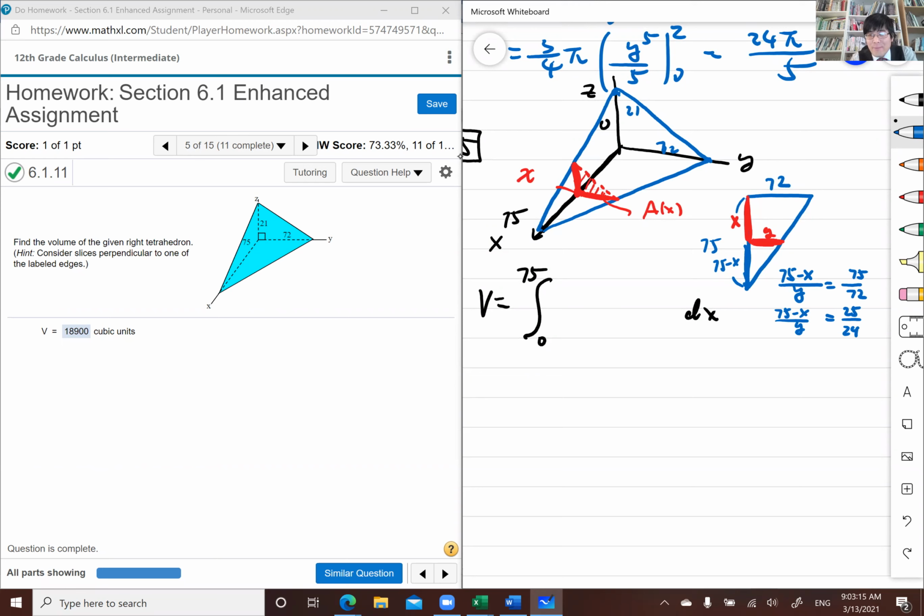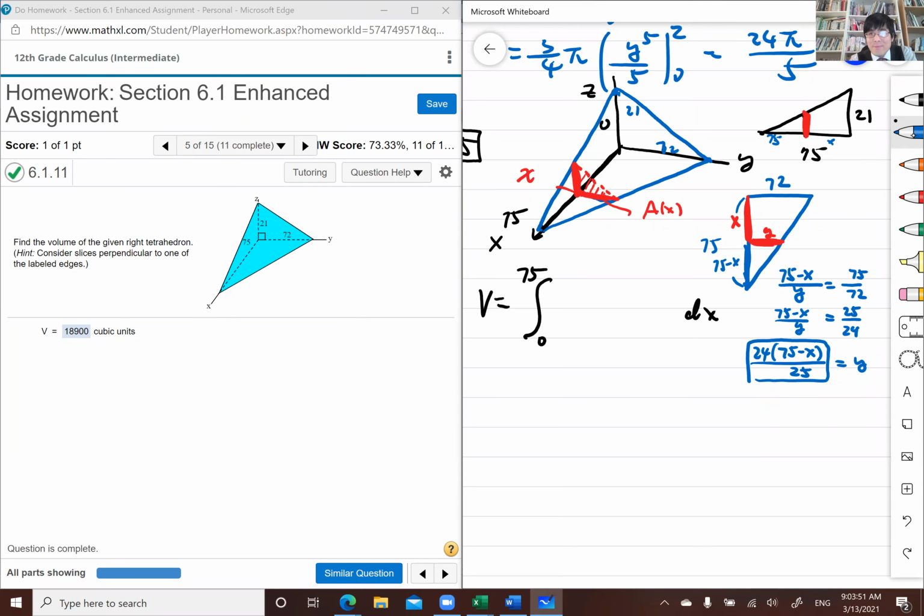So what is Y? Y will be this. That's gonna be the base length of this red rectangle. If you do the same thing for the X and Z relationship, we are interested in finding the length here, but we are doing almost the same thing.